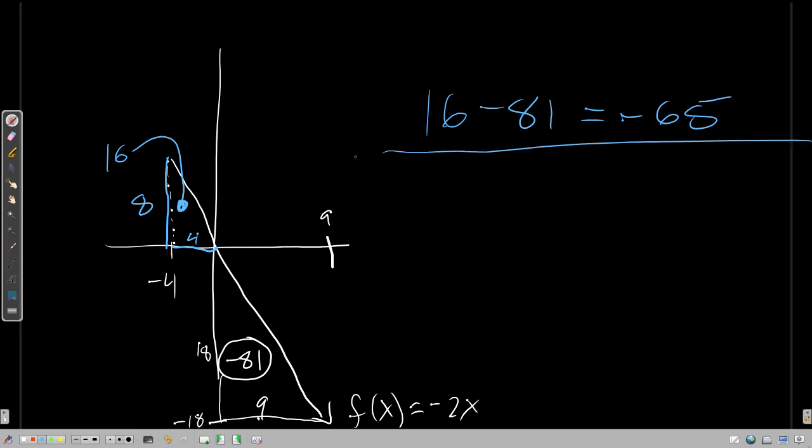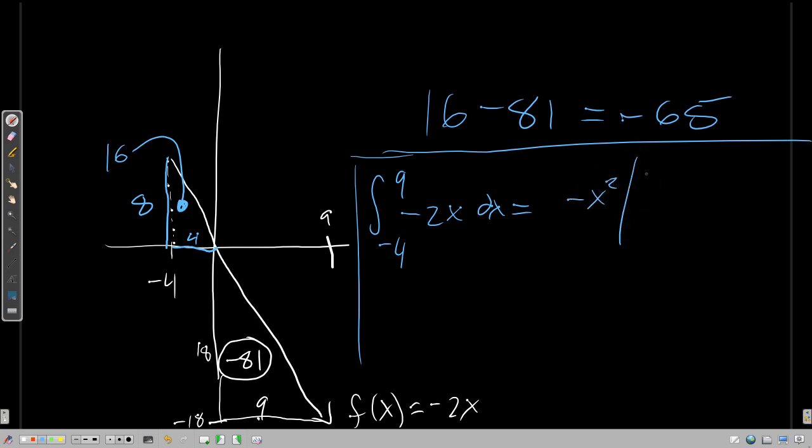Now, where this is going is towards the fundamental theorem of calculus, which says that I can integrate from minus 4 to 9 of that function. The antiderivative is minus x squared, but you'd be evaluating between minus 4 and 9.